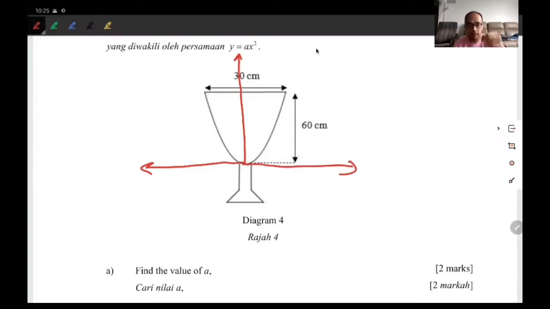Firstly, this value over here is 15 and this value over here is negative 15, because the length is 30. And I know that this is 60 because it has been given. That's a very important piece of information, which will help me in the second question.